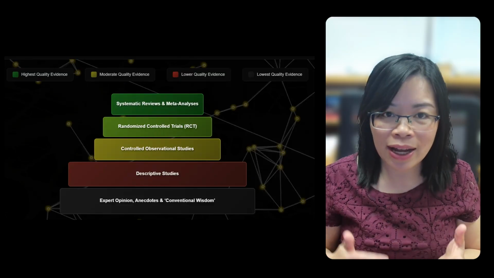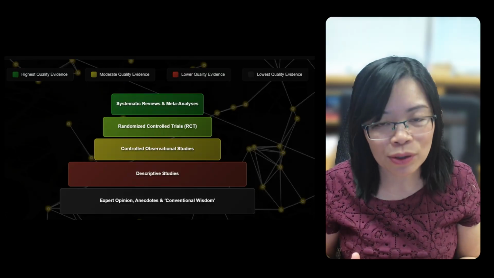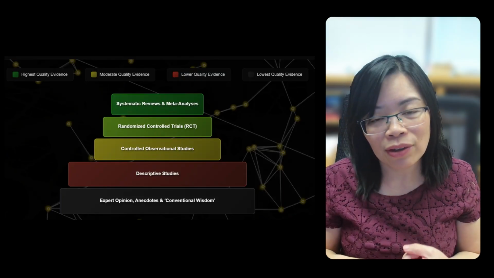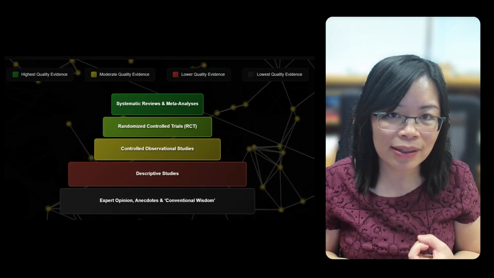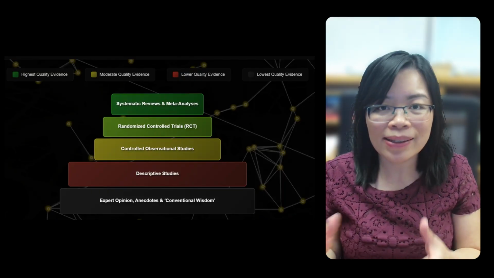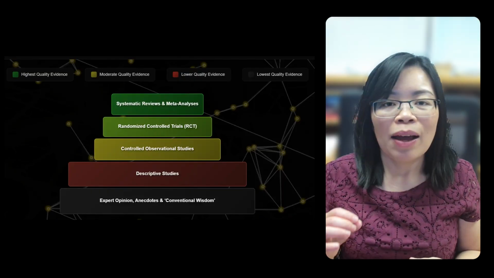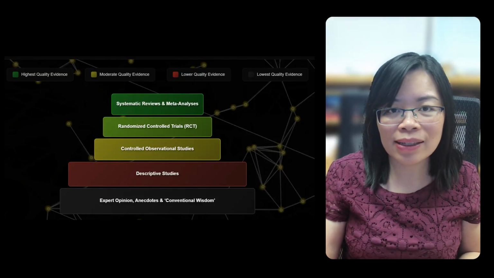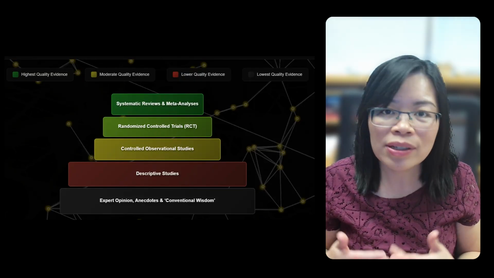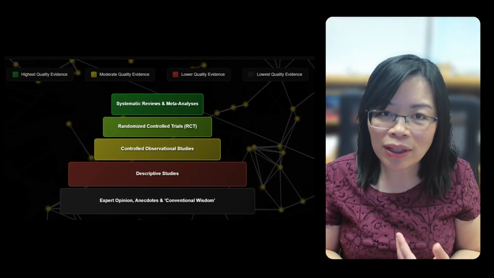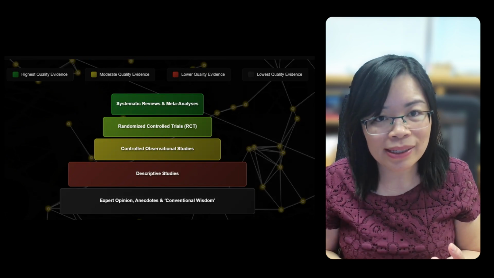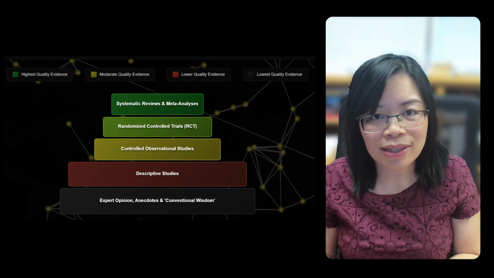Lower down on the hierarchy of evidence, we find descriptive and qualitative studies, such as case studies, ethnographies, and narrative analysis. Traditional hierarchies often lump them with case series or expert opinion. But let's differentiate. Case studies, which are detailed examinations of a single organization or a small number of cases, and qualitative research, for example, interviews, focus groups, observation-based studies, provide rich context and depth.